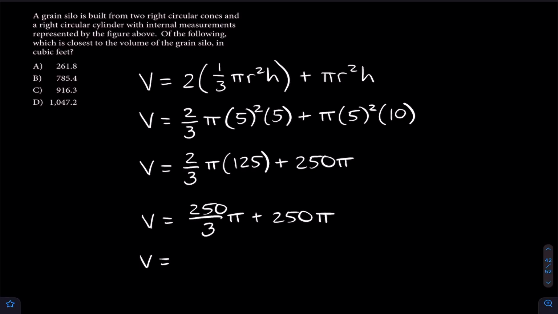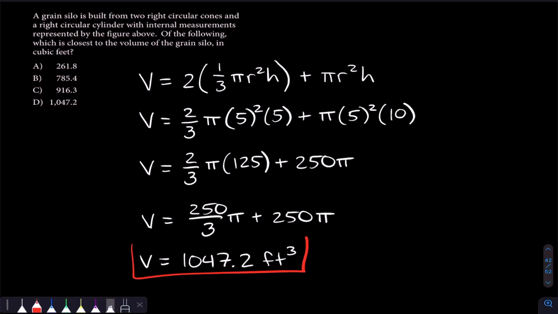If you do that, multiplying your answer by pi, fiddling on the calculator here, you're going to get a volume of 1047.19, which rounds up to a 0.2. And the units on that would be feet cubed. So that is the first problem done of this next set of 5. So that's choice D.